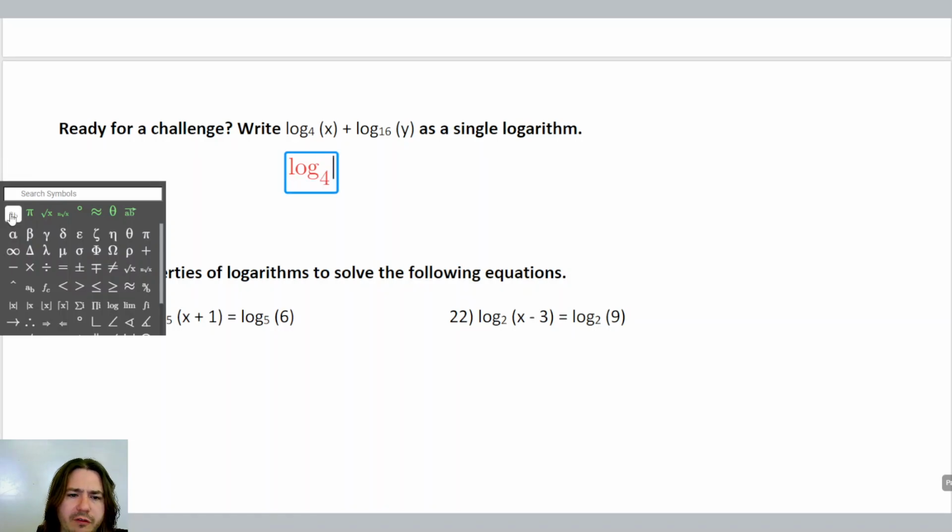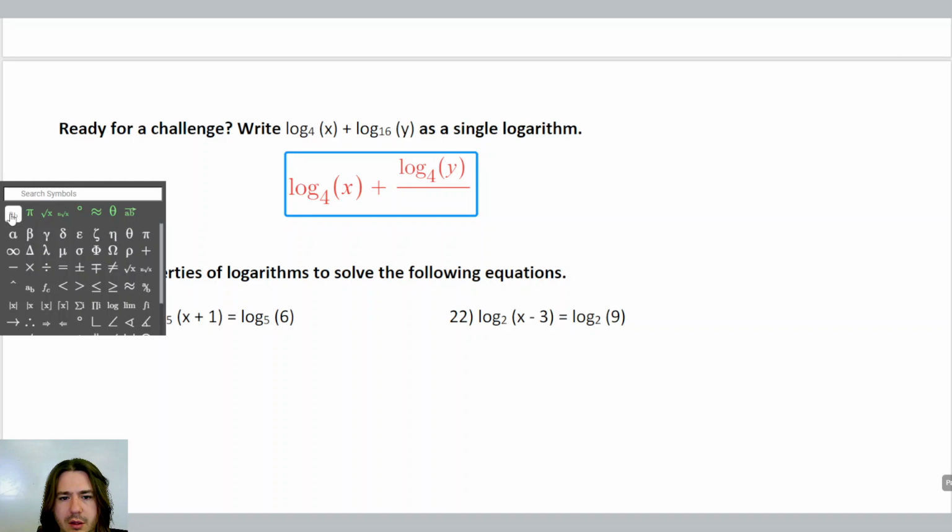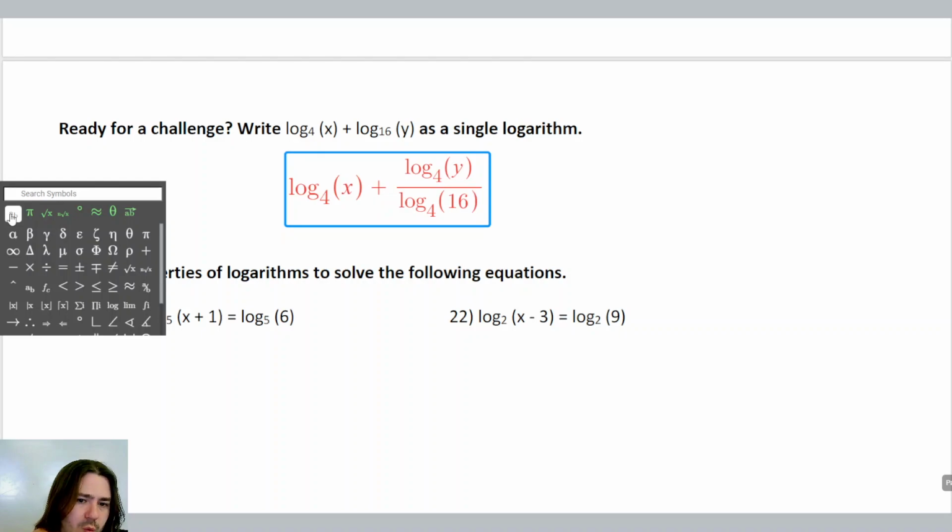So like log base 4 of x, you could just leave as is. And then we can rewrite this one using the change of base formula that we did with the beginning problems. We can write it as log base 4 of y divided by log base 4 of 16. So this is how we convert to whatever base we want.